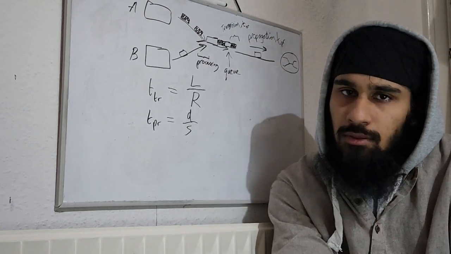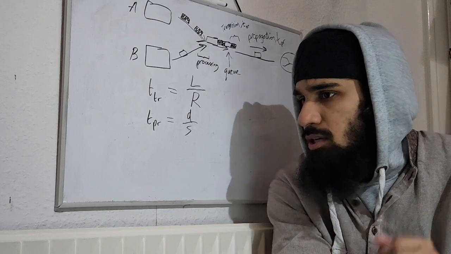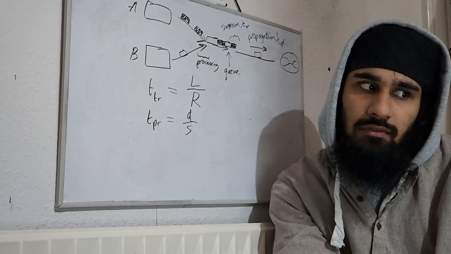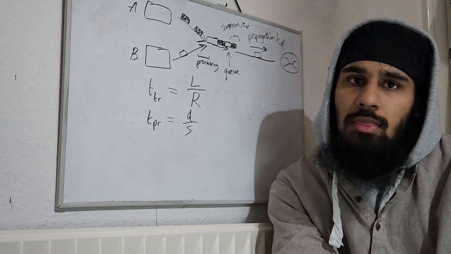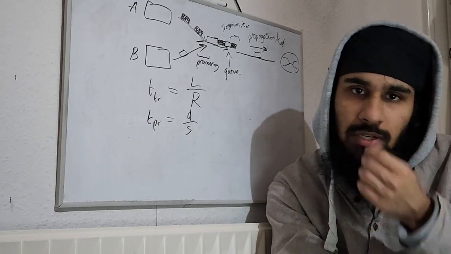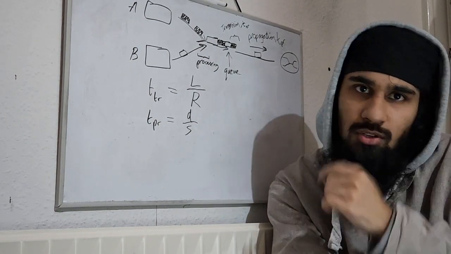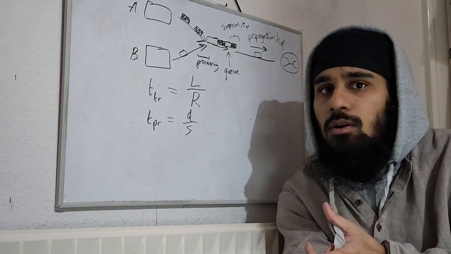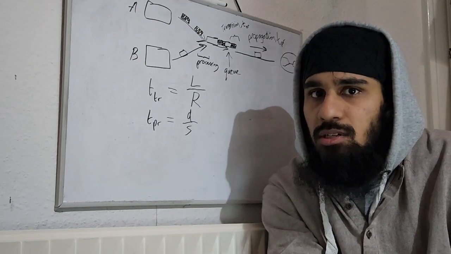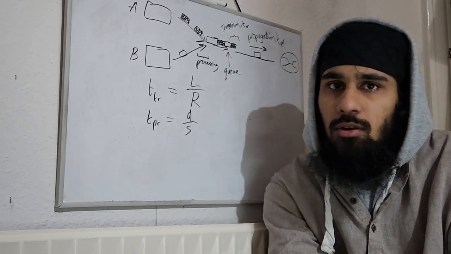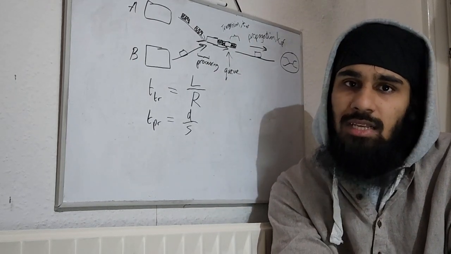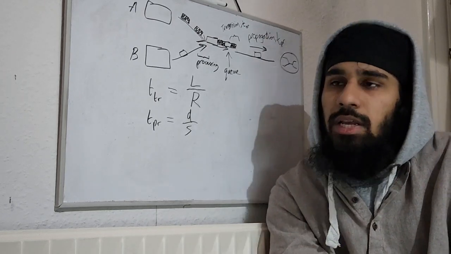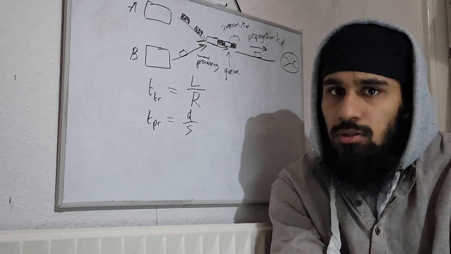I want you to think about that. They took 2 minutes at the first toll booth, and then they travel 100 kilometers at 100 kilometers per hour. That's 60 minutes. So 60 minutes plus 2 minutes, that's 62 minutes. That's the total time.